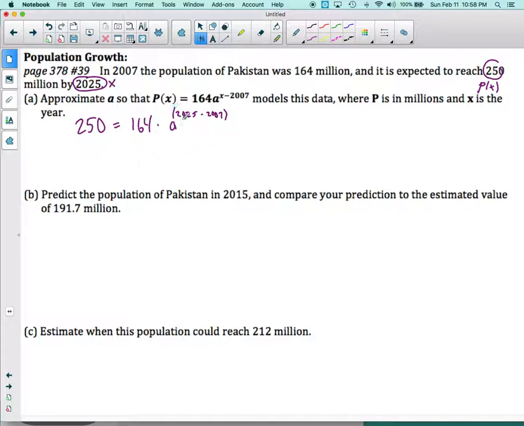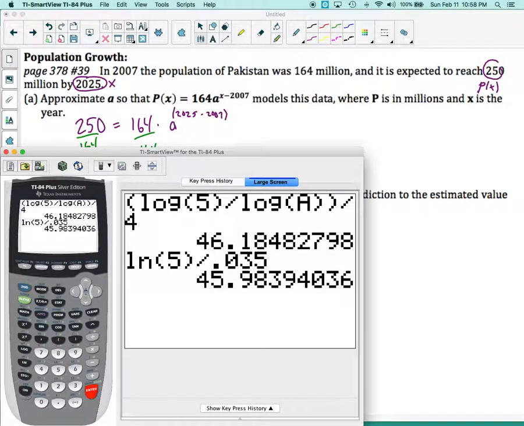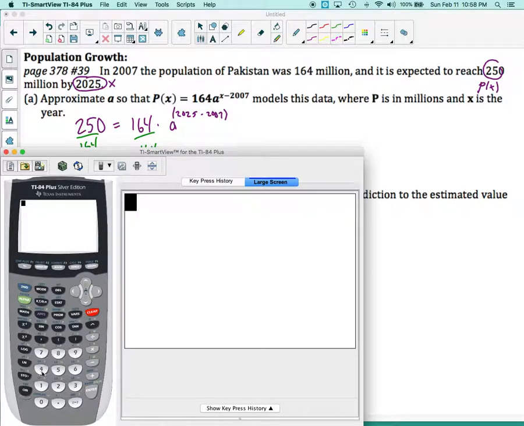So we want to solve for a, so we need to get rid of this 164, kind of like we were doing in the last problem. We'll get rid of that number. So let's see, 250 divided by 164.